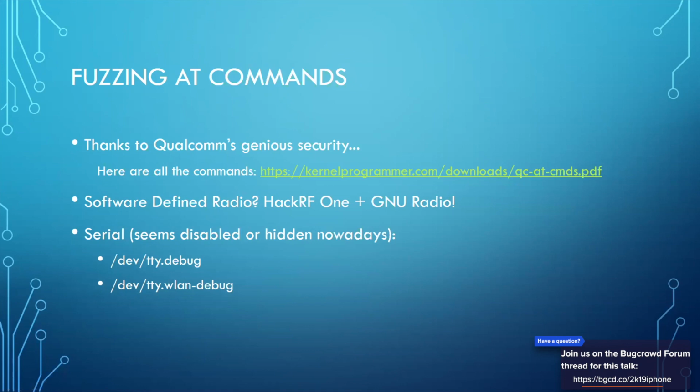So for fuzzing via radio, you would need HackRF and GNU Radio installed on Linux, and then you can pretty much send type 0 SMS and target other specific parts of the GSM stack via radio. So yeah, in the past you could send AT commands over serial interfaces, like I said, but they're disabled nowadays on the iPhone 5 and higher.